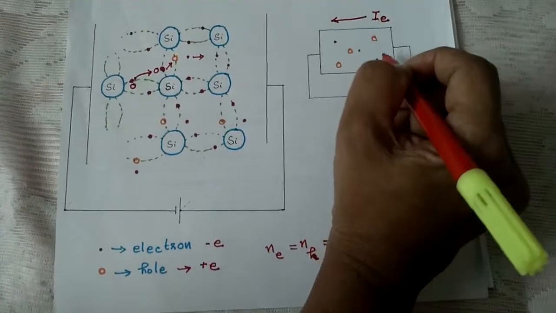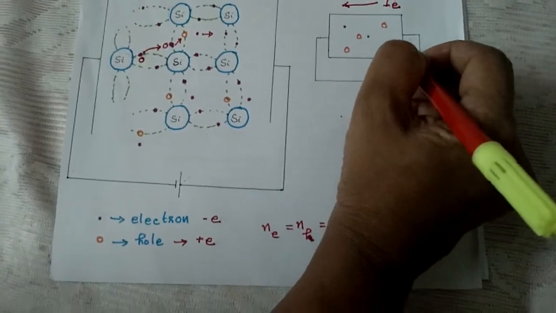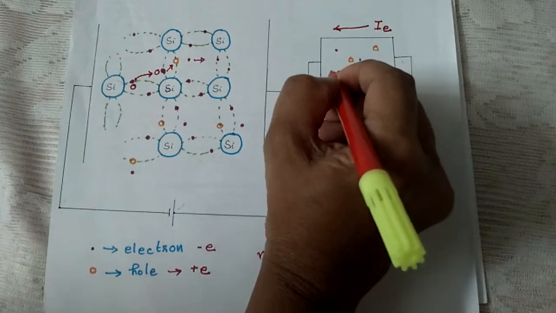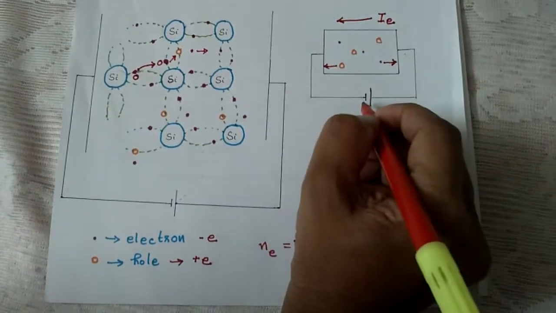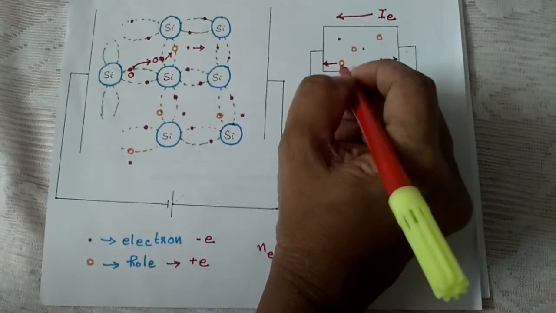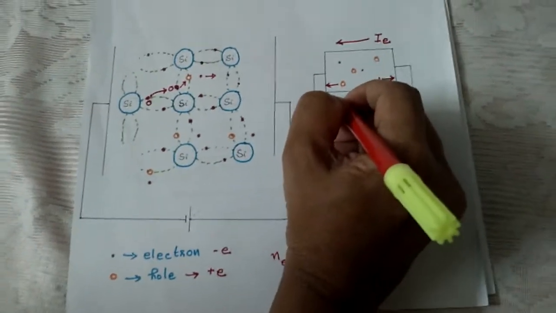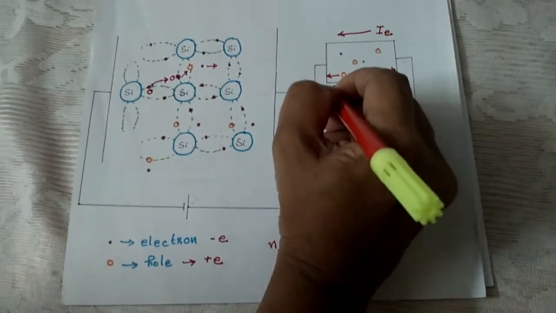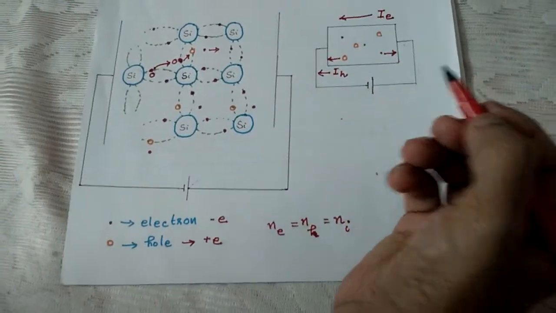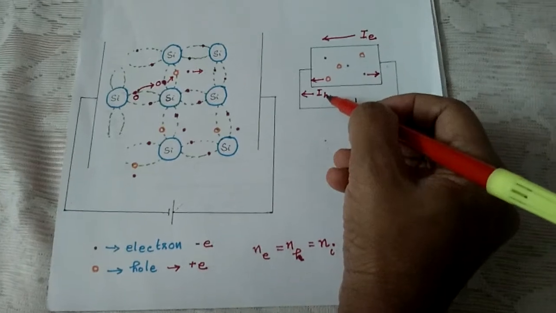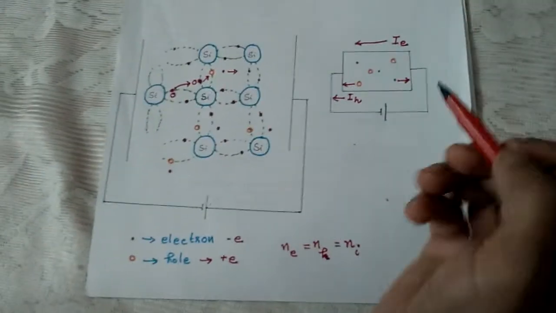The hole moves towards the negative terminal and the hole is a particle with a positive charge, so the hole current has the same direction. So in effect, electron current and hole current both have the same direction.